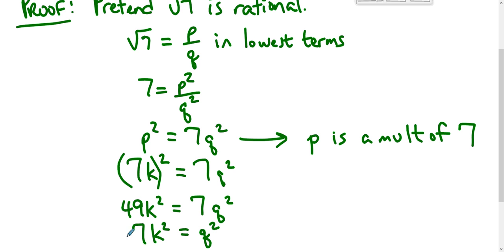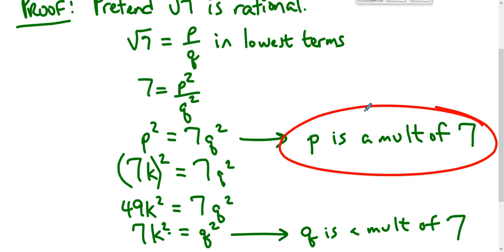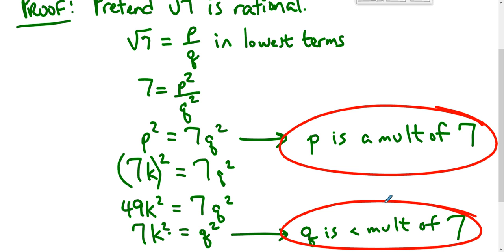There's a 7 in the prime factorization over here, so there has to be a 7 in the prime factorization over here. And that means that q is a multiple of 7. And this is where things get dicey, because we now know that p is a multiple of 7, and we know that q is a multiple of 7.